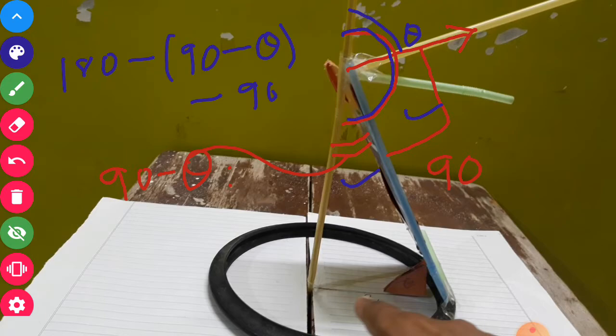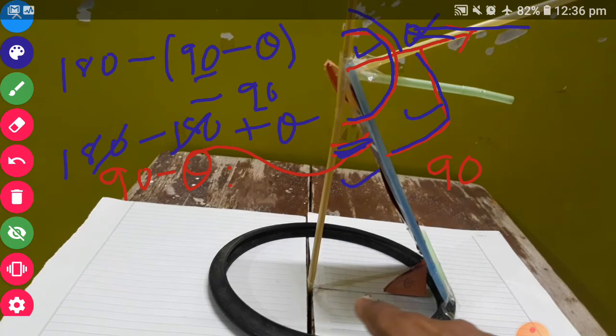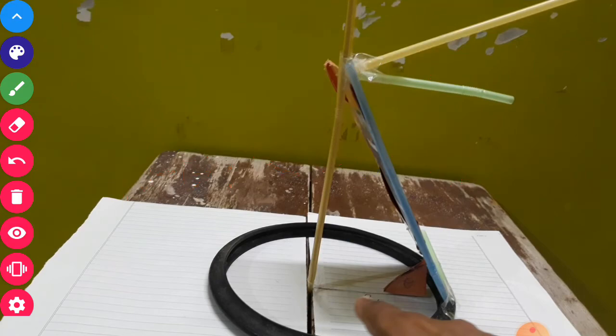So I am subtracting this 90 minus theta and this 90, and then I will get this much: 180 minus 180 plus theta, which is theta. So the upper angle which I tried to show is theta. That must be clear to you.